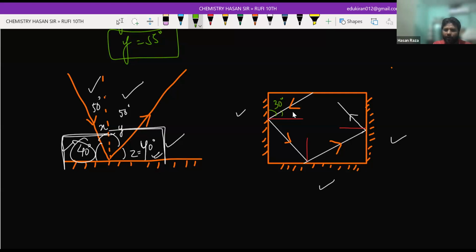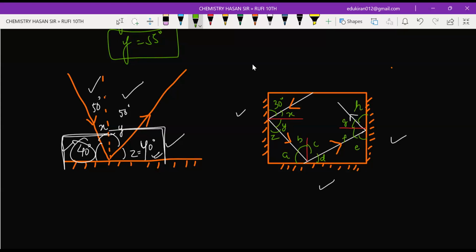You are going to calculate this X, then Y, then Z. Then you are going to tell me what is A, B, C, D, then E, then F, then G, then H. Please do. Okay. I'm waiting.